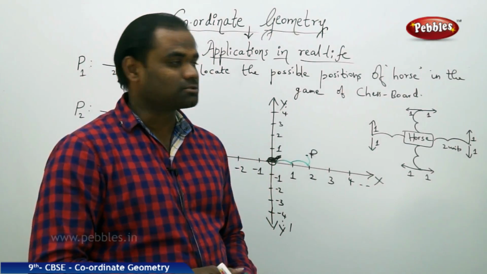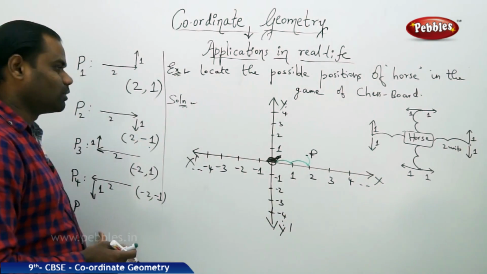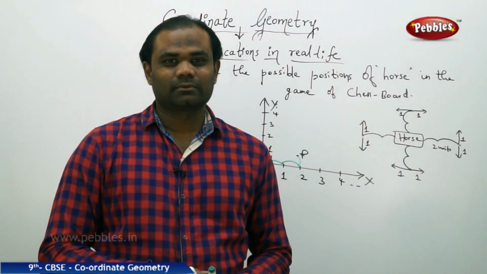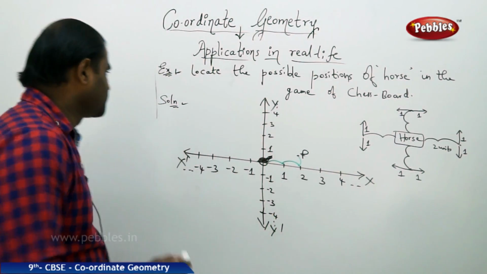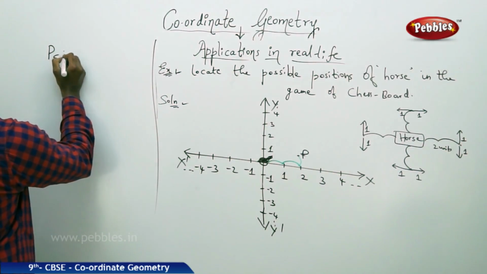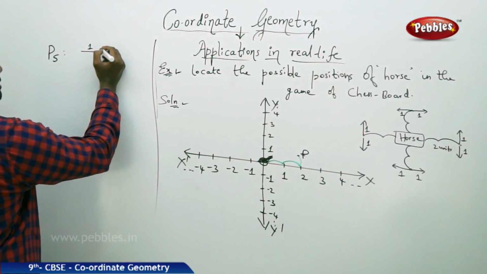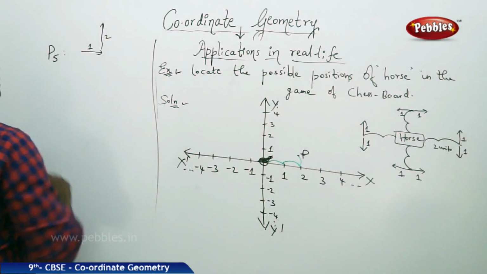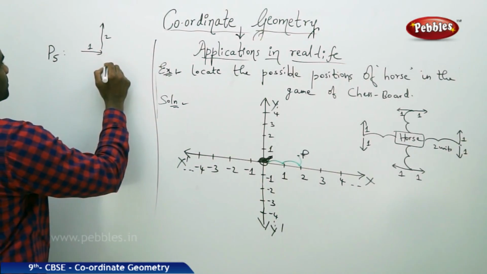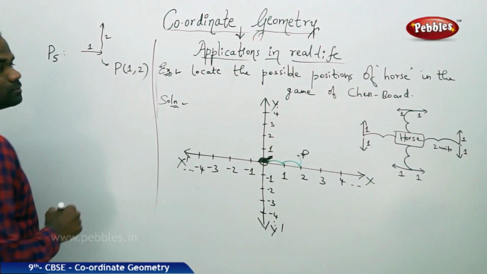So let's see how the coordinates move along these cases. These first cases are given by these 4 coordinates, and the vertical cases are given by the next 4 coordinates. Here we have the vertically moving positions of the horse, where my P5 is when the horse moves 1 unit right and 2 units up, and I get the coordinates 1, 2.